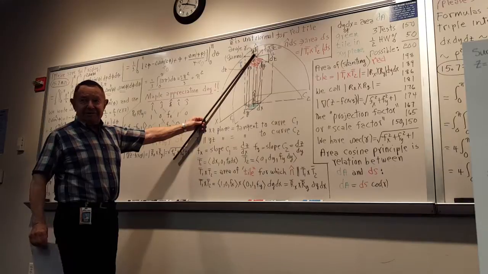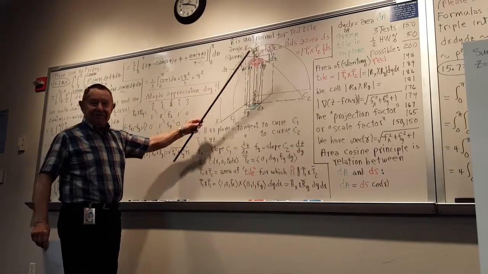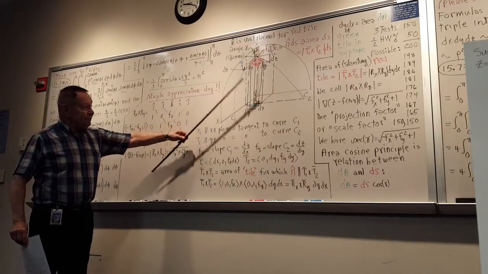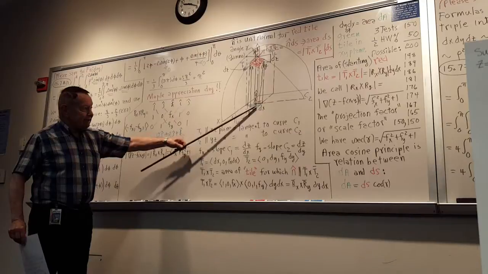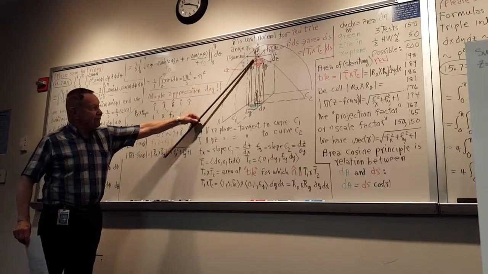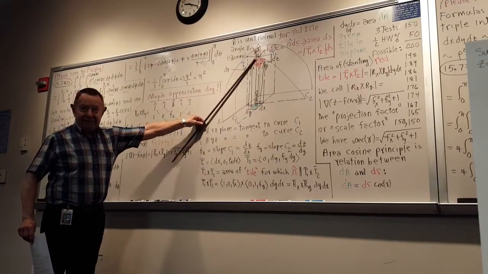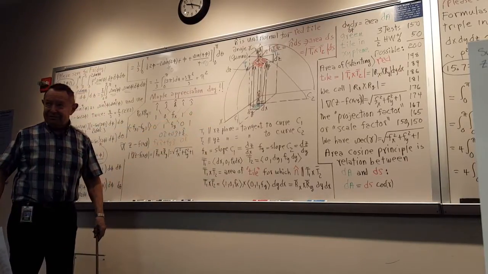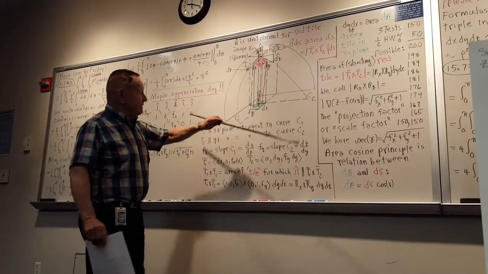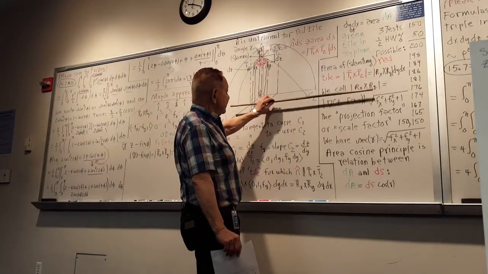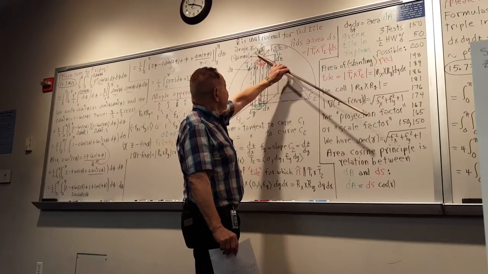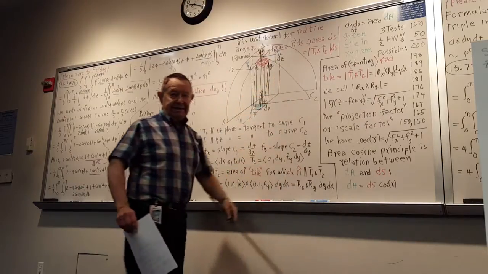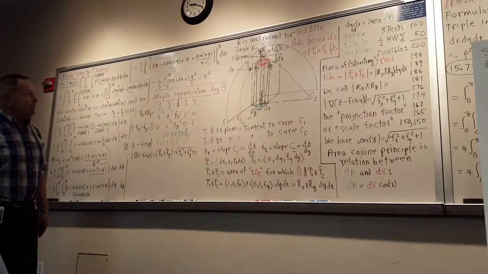This is basically a special case of the directional derivative, like on your test. If you're doing things in the direction of i, your directional derivative is just your partial with x, so it's the slope of the tangent. Or in the direction of j, your directional derivative would be the slope of the stick like this, and that would be your partial with y.